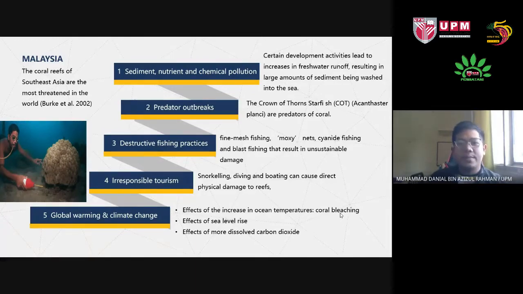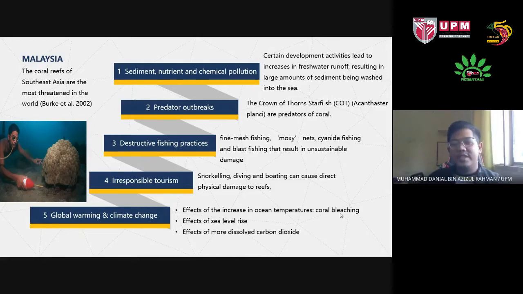Back then, the marine park was in danger of losing its coral reef, and eventually its diving industry would collapse. So it's not wrong to kill this predator because it's very dangerous to our coral. If you see one of the Acanthaster planci, be sure to kill it with the right proper equipment.